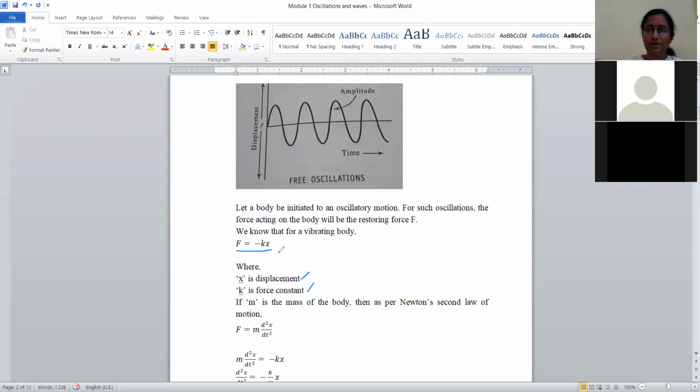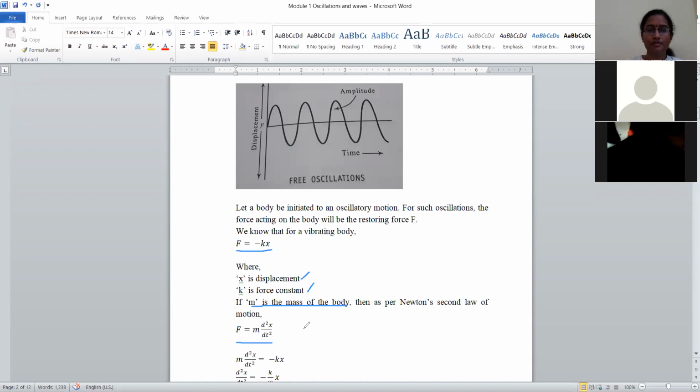If m is the mass of the body, then as per Newton's second law, force is given by mass into acceleration, F equals m a.